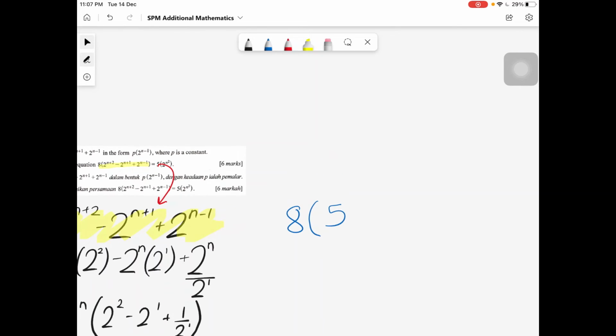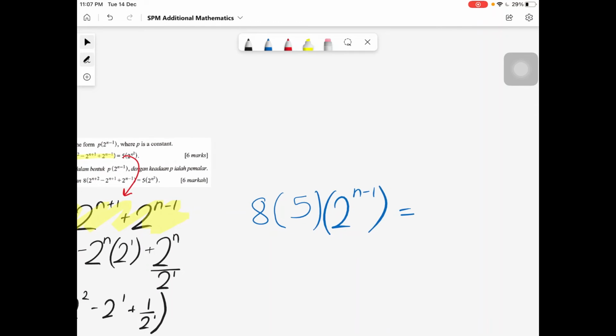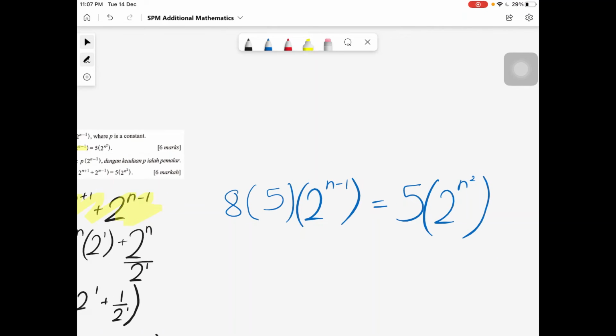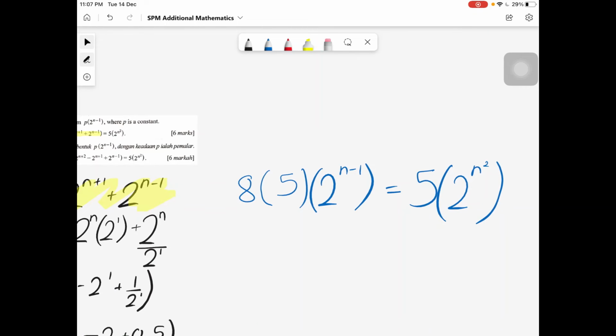5 multiplied by 2 power n minus 1 equals, let's just copy from the remaining of the question, which is 5 multiplied by 2 power n squared. Be careful, this is 2 power n squared.